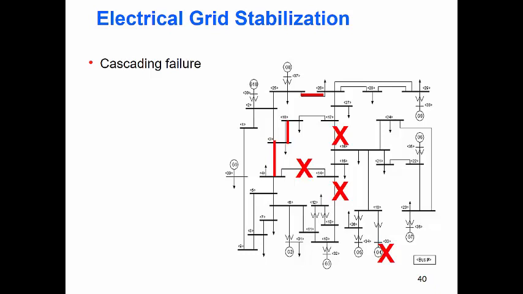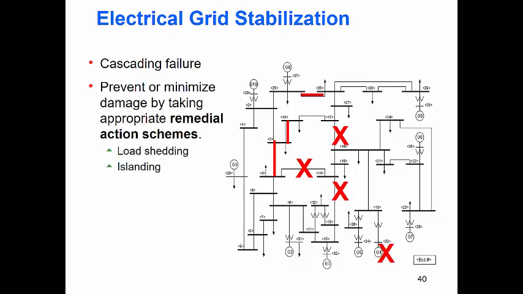What you'd like is to be able to figure out things you could do when these situations are arising to minimize the amount of damage, minimize the size of the blackout. This is an area of power systems research where they develop things they call remedial action schemes.